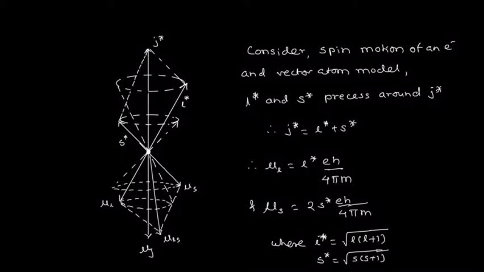This effect we prove theoretically: how the single spectral line splits into multiple component lines. Hence, we consider the spin motion of an electron and we use the vector atom model.